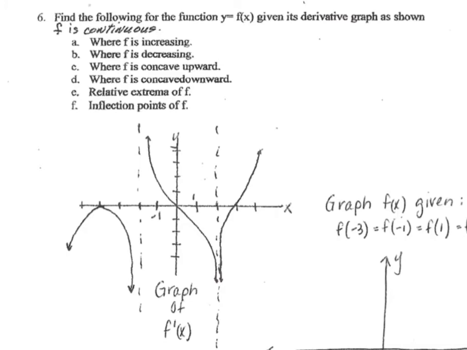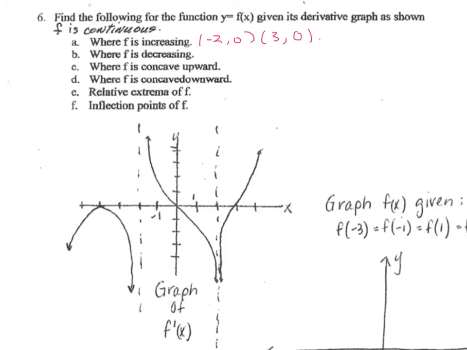So if we look at our graph, we can see that f prime of x is positive in between -2 and 0. And then it is also positive from 3 to infinity. So our graph should only be increasing at those values.